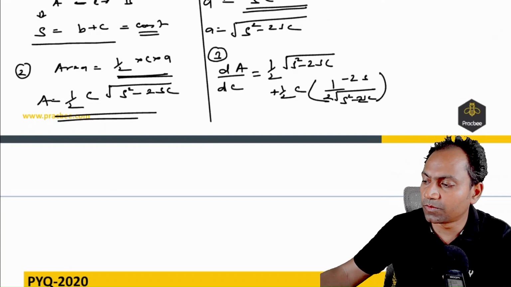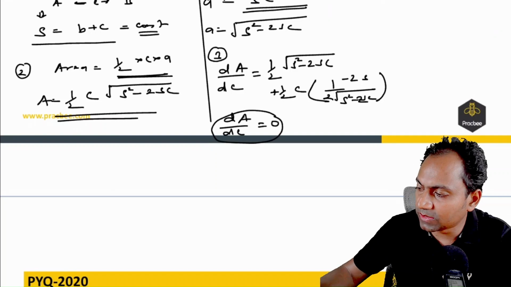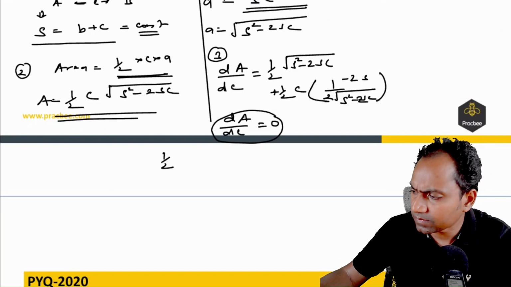Now for this to be maximum or minimum, the value of dA by dc should be equal to 0. If I simplify this, what will I get? I can take this 1 by 2 common. And if I take LCM, this becomes s square minus 2sc.